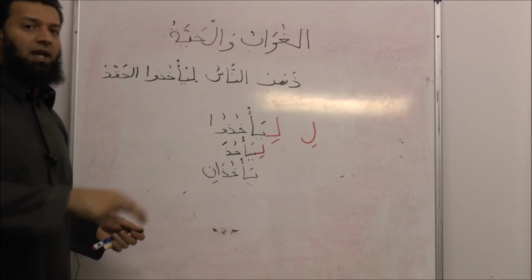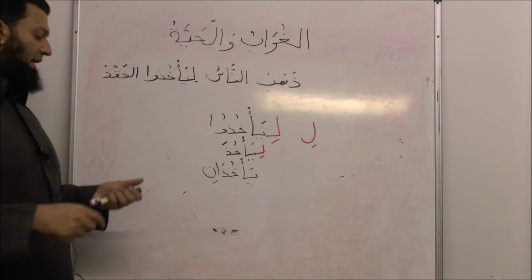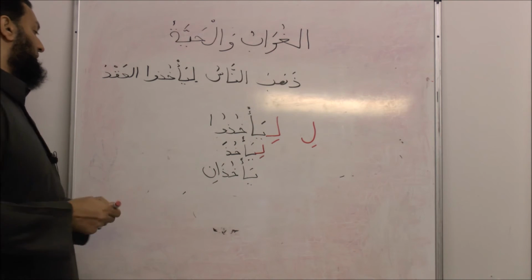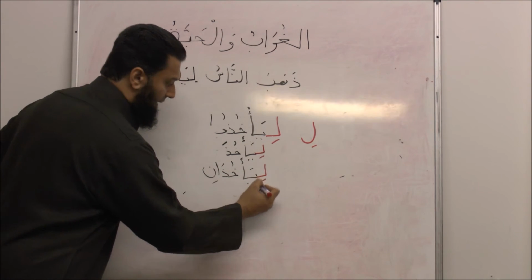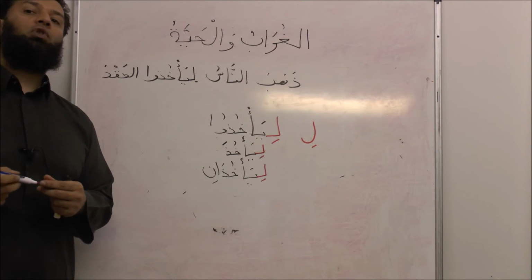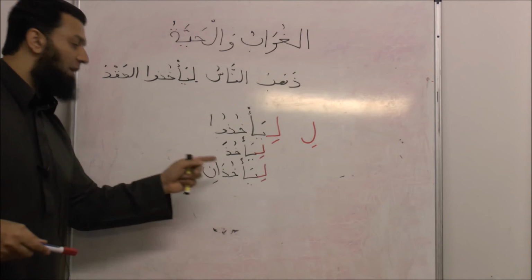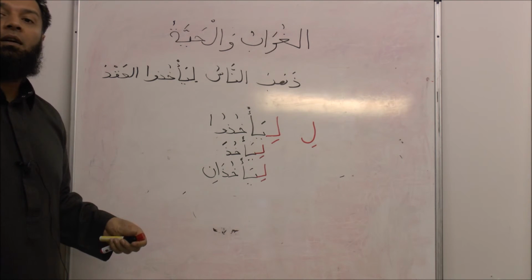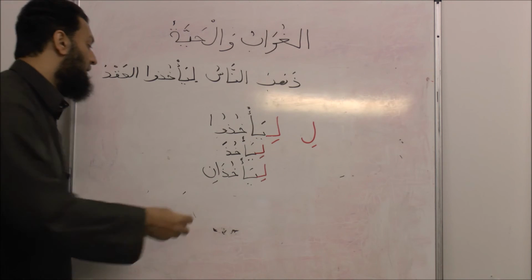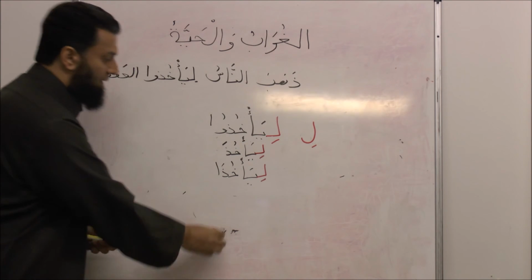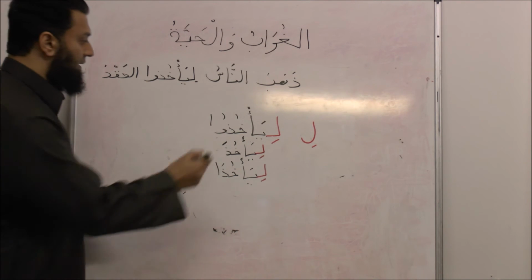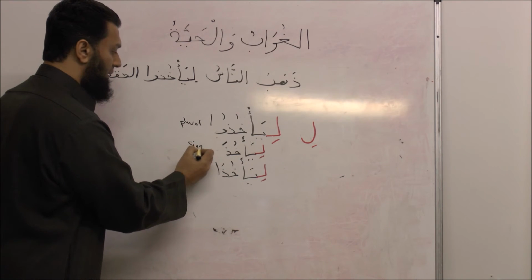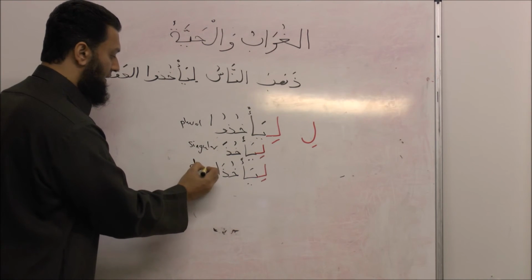Ya'khudani is they two take. Now, if we want to say in order that they two take, what do we add to it, Shabazz? The li. And what do we drop in order to make it mansoobun? The noon. And that's it. So that's our plural, that is our singular, and this is our dual.